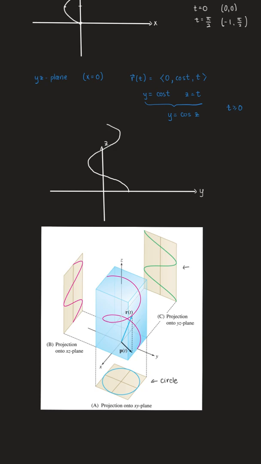And the xz projection was the negative sine function right here. Notice that the cosine and the negative sine are both traveling along z. As t is increasing, z is increasing, and the actual curve is called the helix. And it is this curve. Just follow my little dot. That is our helix. It keeps curling up. So that's how we graph a vector function using projections.